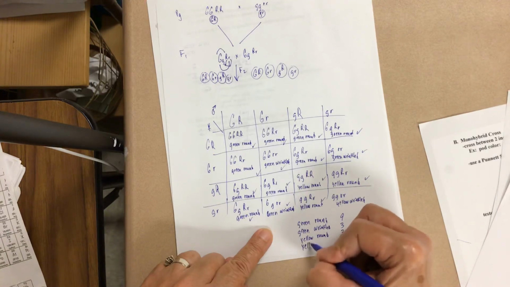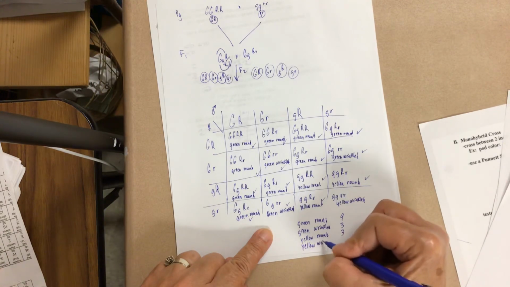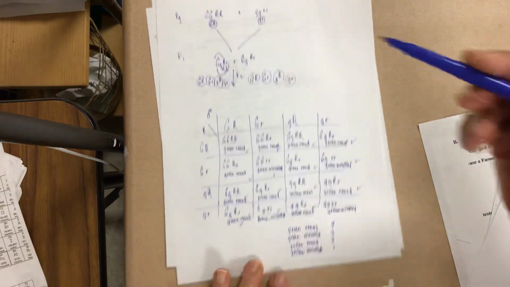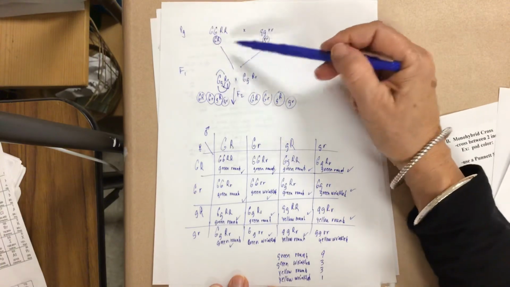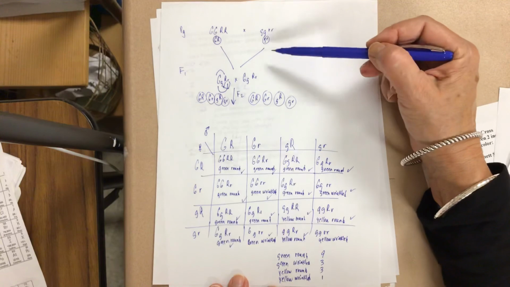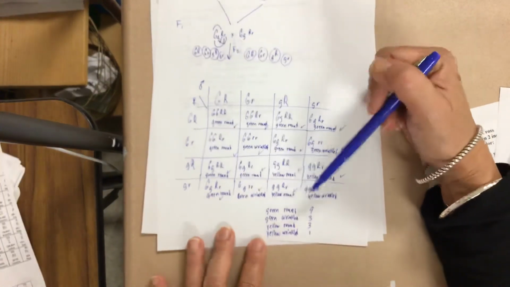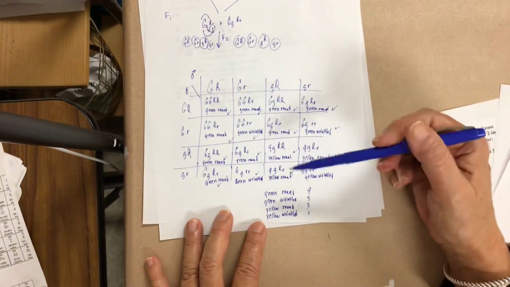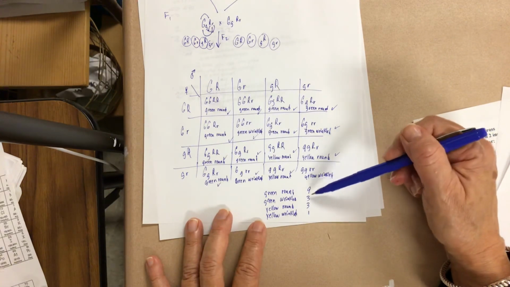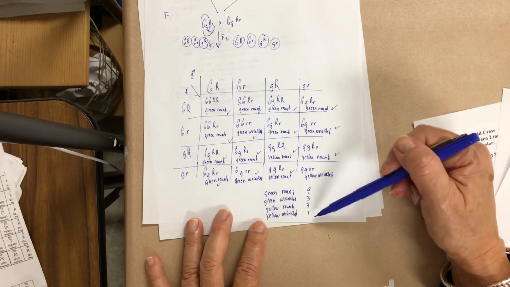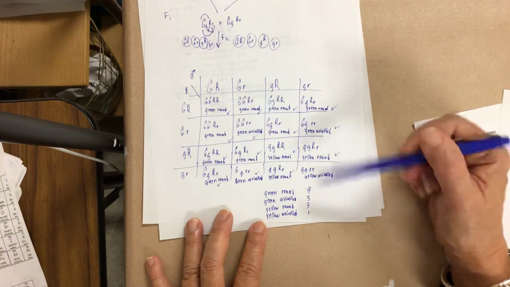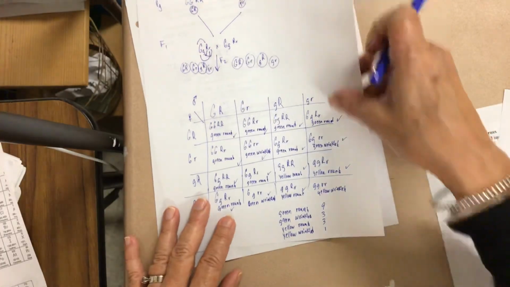And then yellow wrinkled, which is completely recessive, is 1. So if you start out with a parent that is homozygous dominant for a dihybrid and the other parent that is homozygous recessive, then you would expect your phenotype ratio every time of your dihybrid F2 to turn out to be a 9-3-3-1. 9 would show the homozygous dominant trait, 1 would show the homozygous recessive, and then you would have 3 and 3 of your heterozygotes.